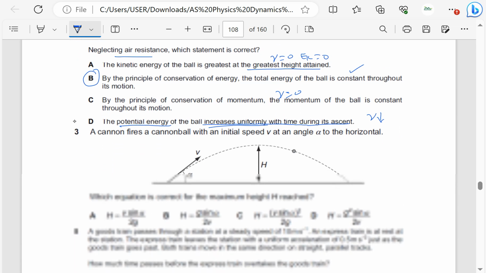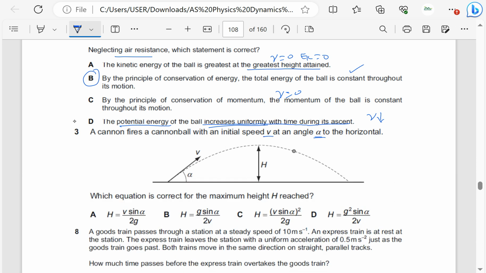A cannon fires a cannonball with an initial speed v at an angle alpha to the horizontal. Which equation is correct for the maximum height h reached? So we know that at maximum height, the velocity is 0 in the vertical.